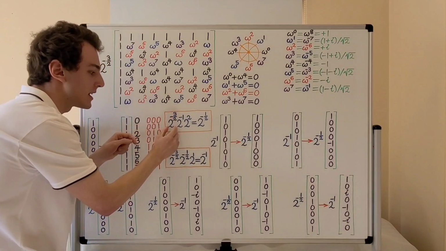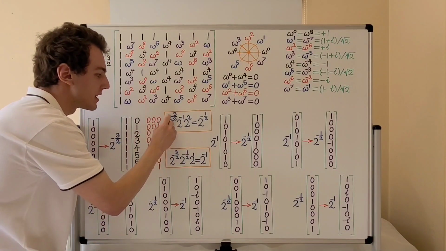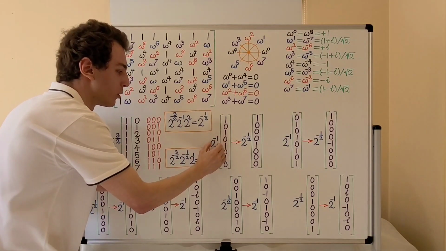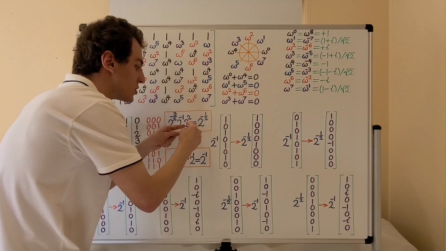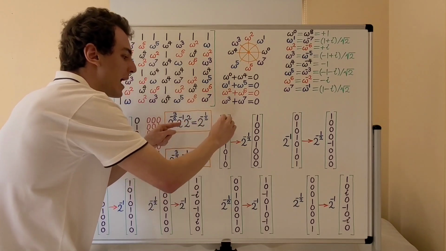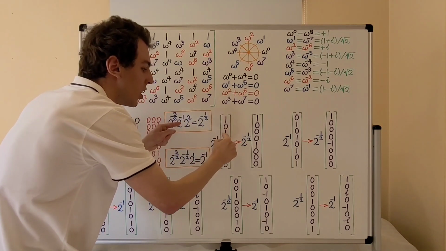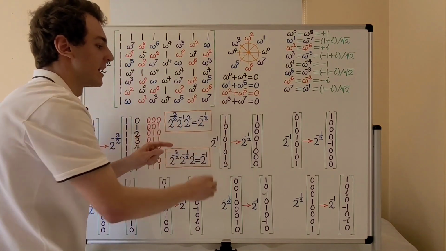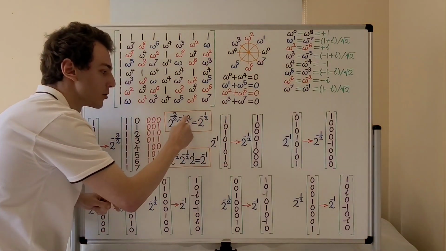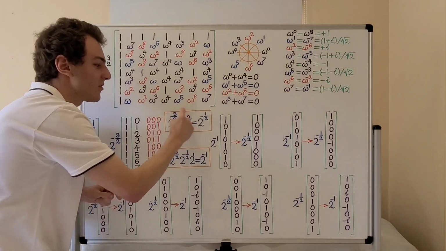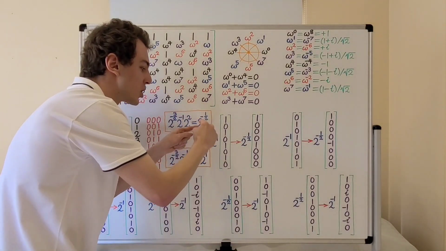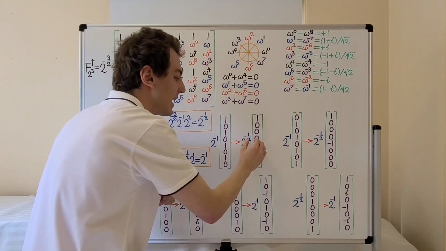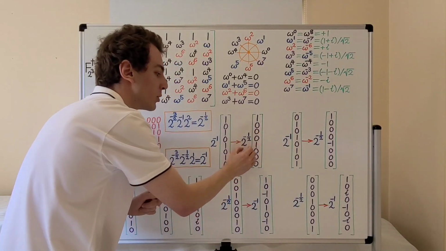So this is the factor that is coming from the matrix, that's 2 to the minus 3 on 2, and then 2 to the minus 1 is coming from the input, and then we also have a factor of 2 to the 2, which is going to happen when we evaluate the sum of 4 terms. So we're going to have 1 plus 1 plus 1 plus 1. So that's 4, and 4 is the same as 2 to the 2. And if we multiply all of these factors together, we're going to get a normalization coefficient of 2 to the minus 1/2. And that is the normalization coefficient we have in the output.